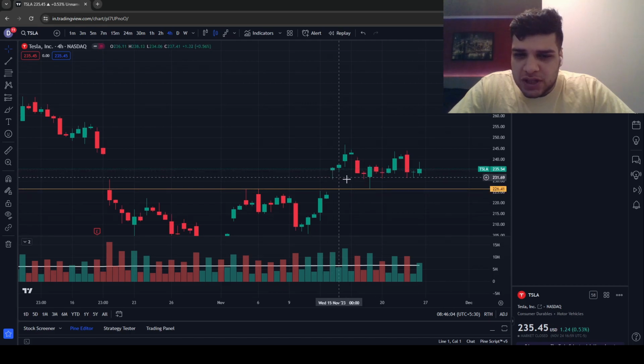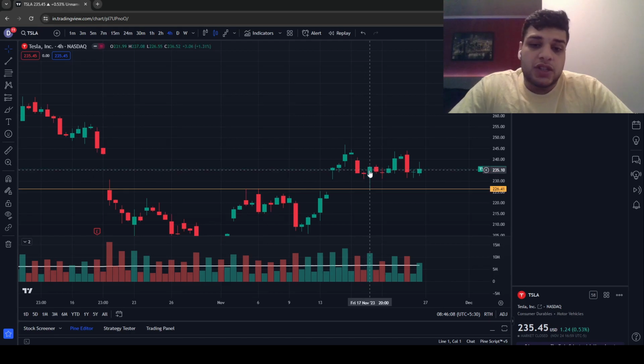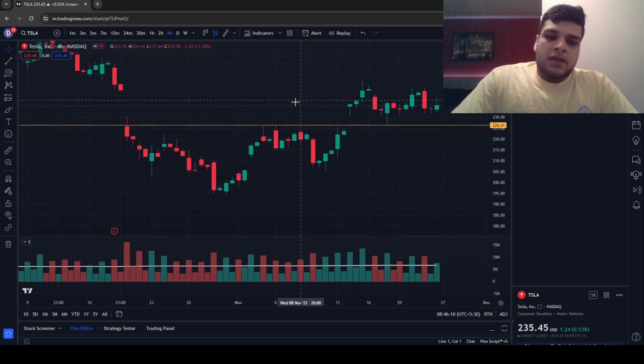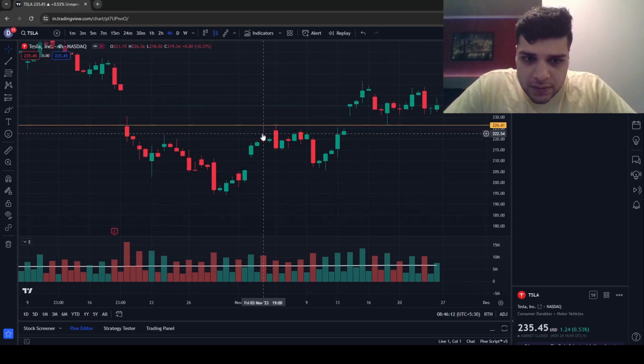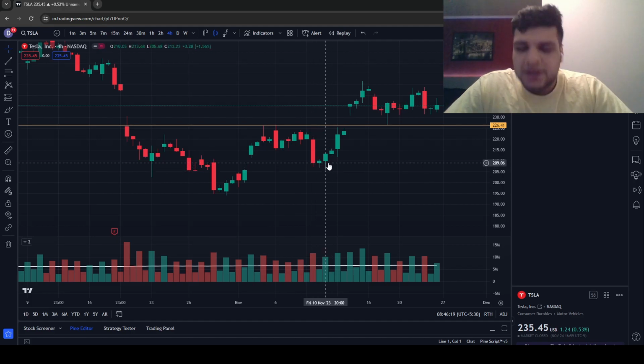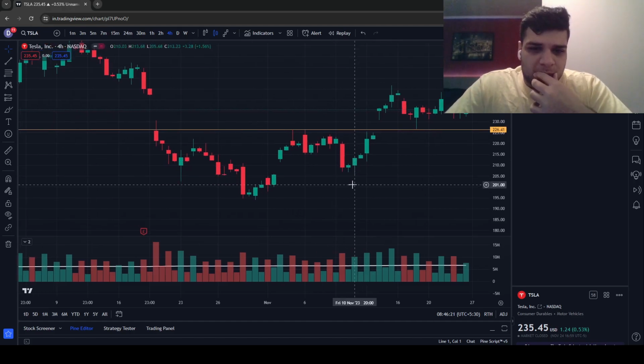This here is a bullish hammer. This can be interpreted as a bullish hammer as well. Something like this here would be a bearish hammer, although this one did not work out too well, or I guess it did after a while. It did pay off here, so it wasn't too bad.